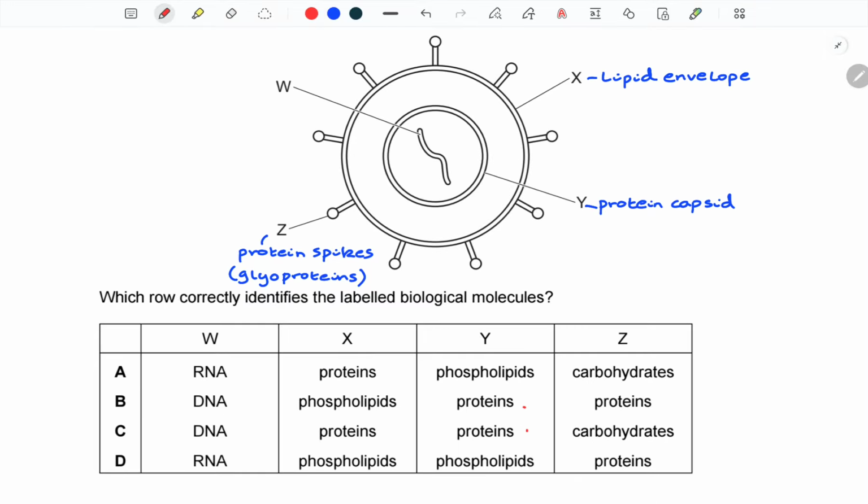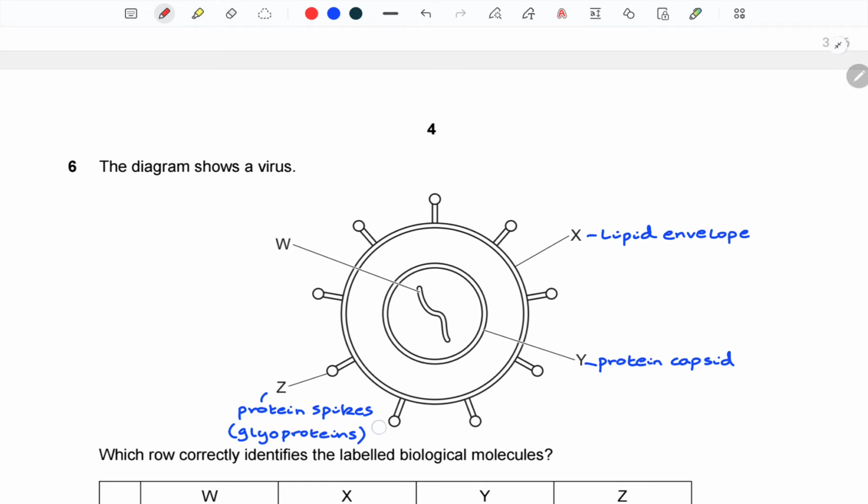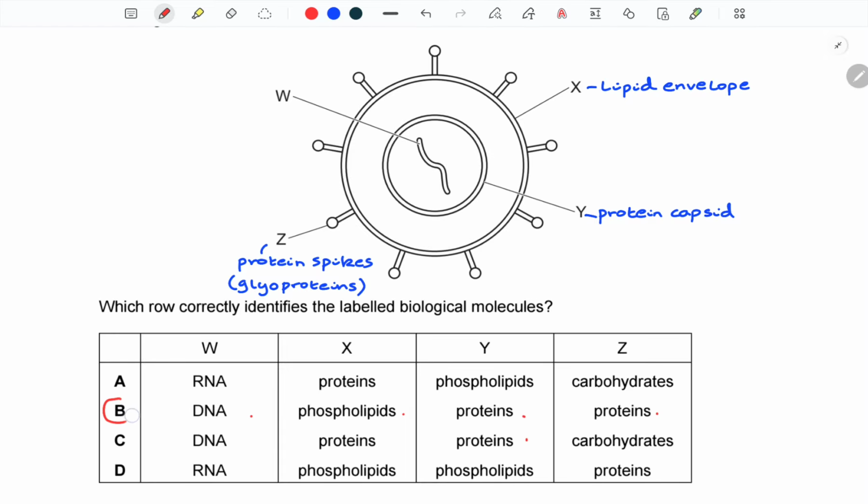Hence, X should be our phospholipids or lipid envelope, and W gives us DNA, and Z are the protein spikes, which are mostly glycoproteins. But since the major part of glycoproteins is made up of protein, we will consider that mainly as protein, because even if it is glycoproteins, it's mainly made of protein. Hence our answer for 6 should be B.